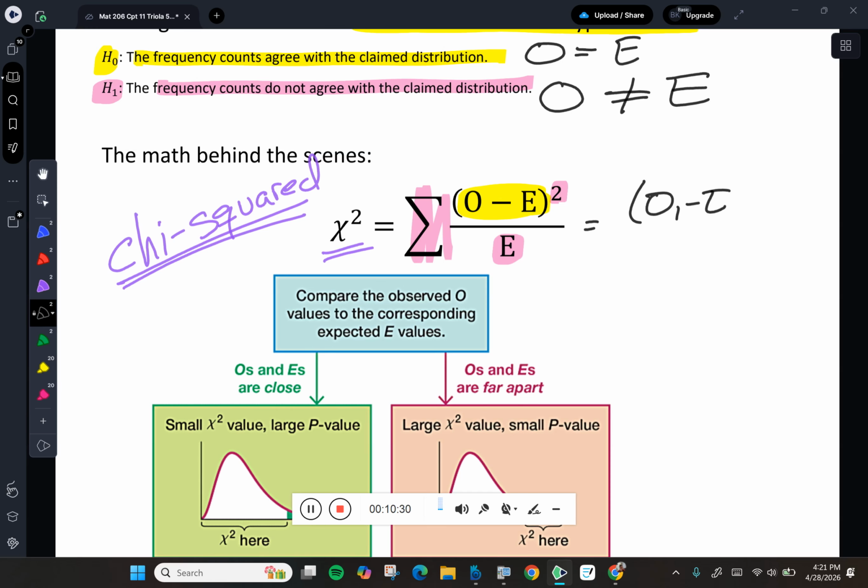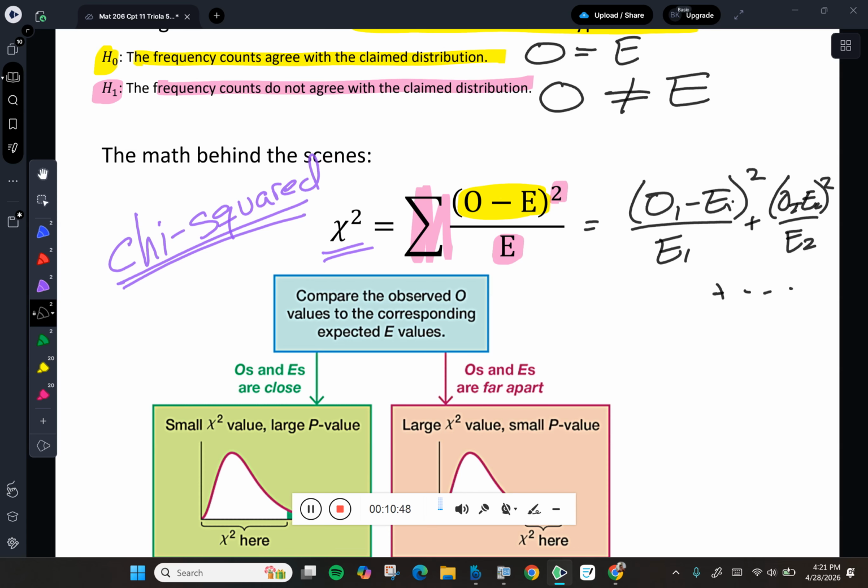O1 minus E1 squared divided by E1, plus O2 minus E2 squared divided by E2, and so on and so forth as we march on through there. Right?